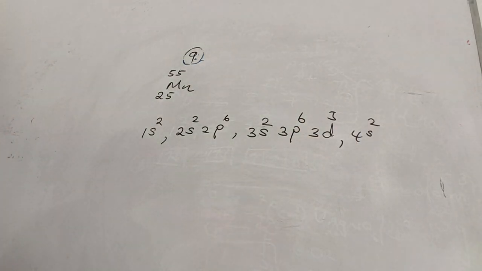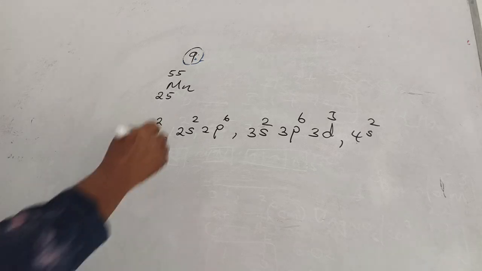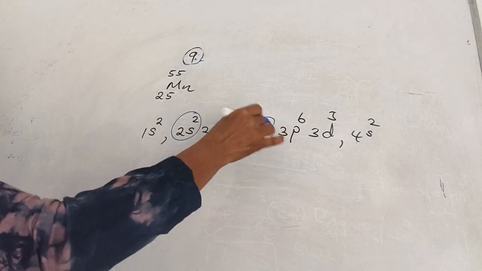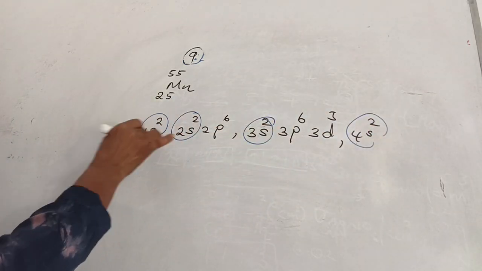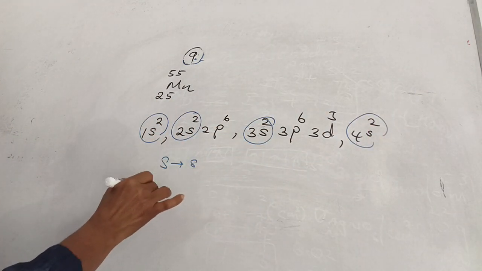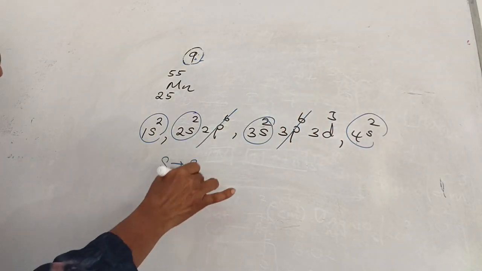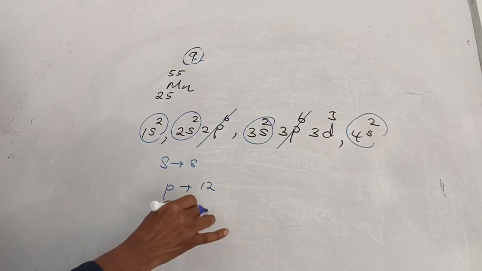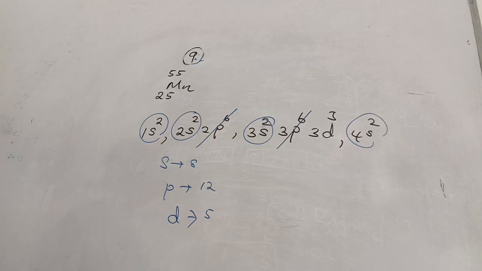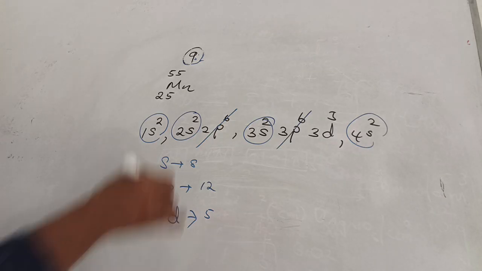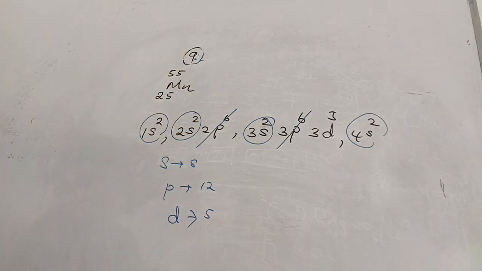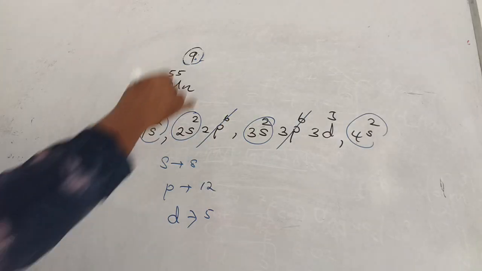In this electronic configuration, you can easily identify the s electrons: 2, 4, 6 and 8. So the s electrons are 8, the p electrons are 6 plus another 6, which is 12, and the d electrons are 5. The best answer which gives these values is B for the ninth question.